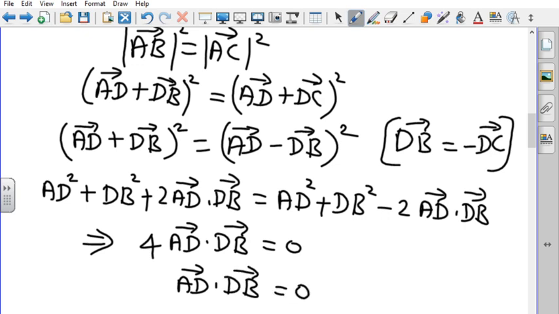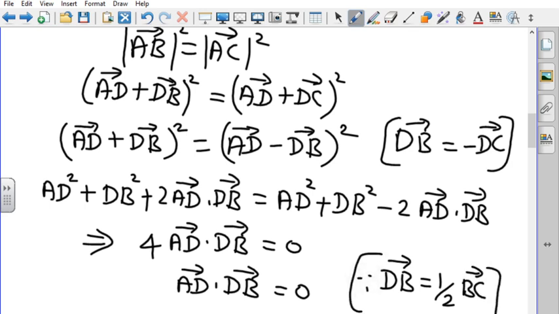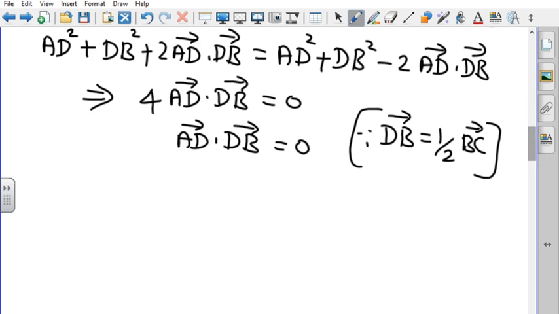So we have proved that AD dot DB is equal to 0, and we know that DB vector is nothing but half of BC vector. Since DB and DC are both in the same line, this implies AD dot BC is equal to 0.